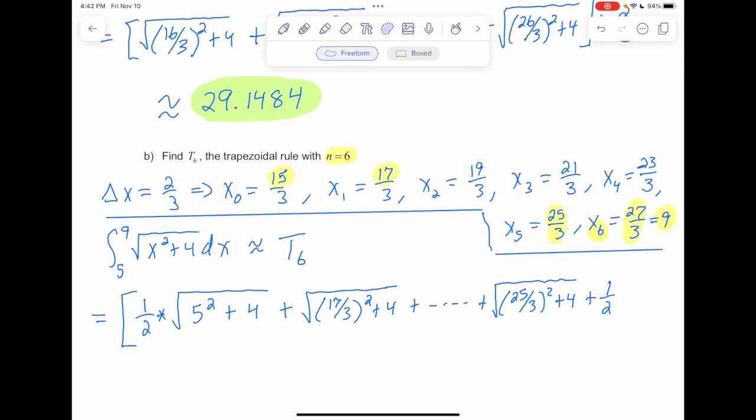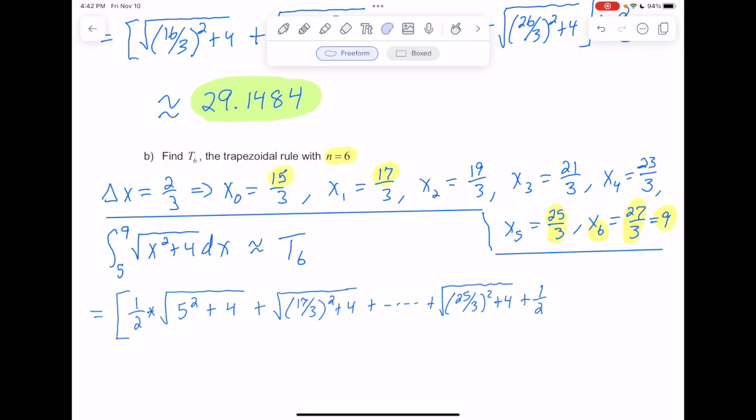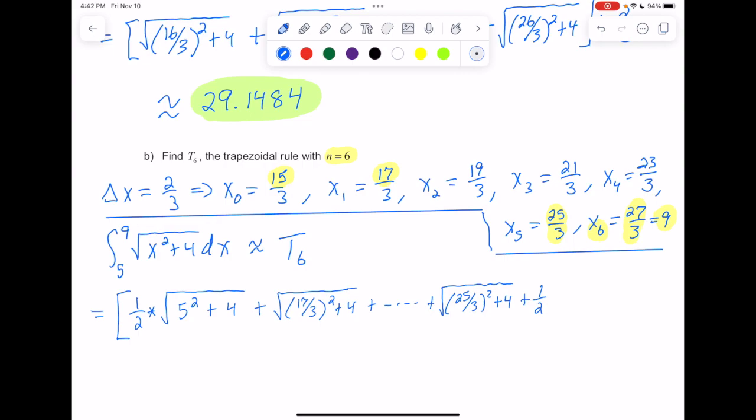I've been a little too excited on the size here, so we create a little bit more space. And we'll finish this up. So on the 1/2 one, now we still have the square root. Our last endpoint was a nice number again, so 9 squared plus 4. And then at the end of that, we have to do times delta x, which is times 2/3.